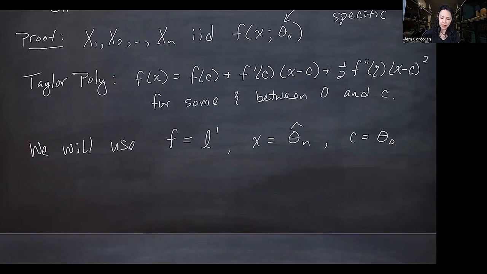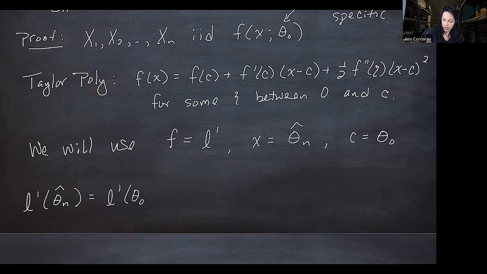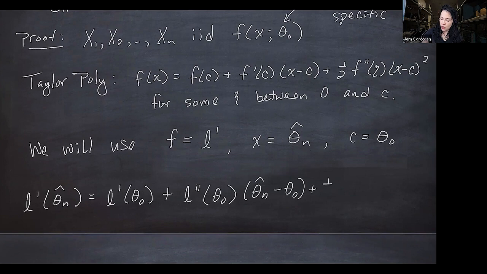And so if you rewrite the Taylor polynomial with this stuff, obviously you need the log likelihood to be differentiable. This is one of many so-called regularity conditions. But we get L prime of the MLE equals L prime of theta naught plus L double prime of theta naught times the MLE minus theta naught plus 1/2 L triple prime.